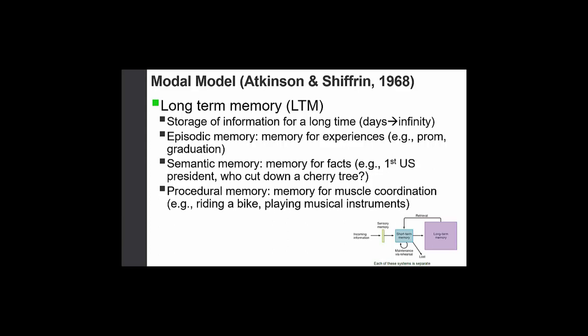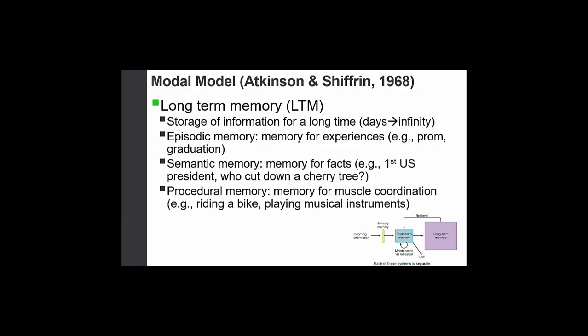A lot of times with procedural memories, when we're trying to teach somebody, it's like, I don't know, you just do it, where you can't spell out the specific steps for them. So those are the three different types of long-term memory that we're going to be talking about in this unit: episodic memory, or memory about specific episodes in our life or potentially other people's lives, where we can really remember those experiences.